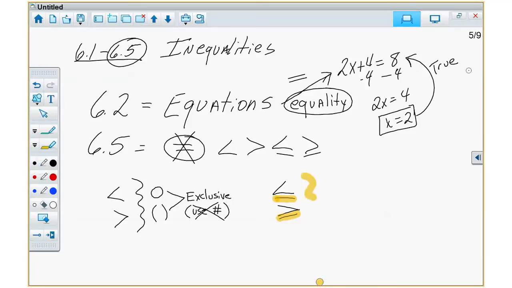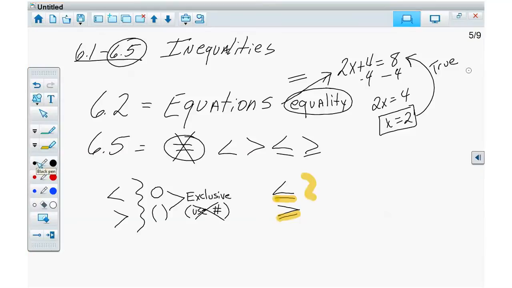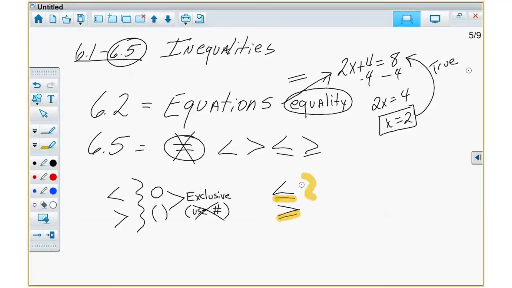And they get not an open circle, but a closed circle, or brackets. And that means that they are inclusive, meaning that you can actually use that number.